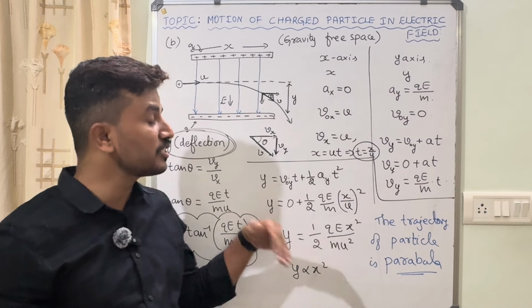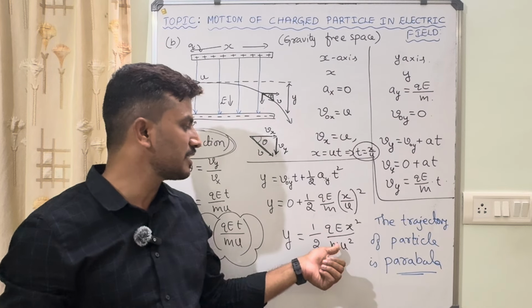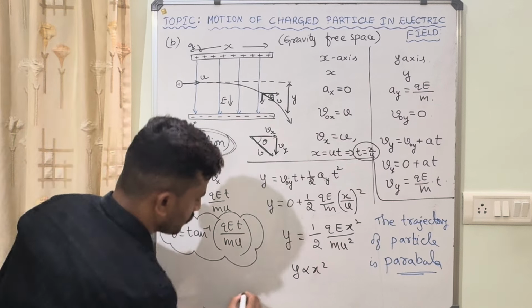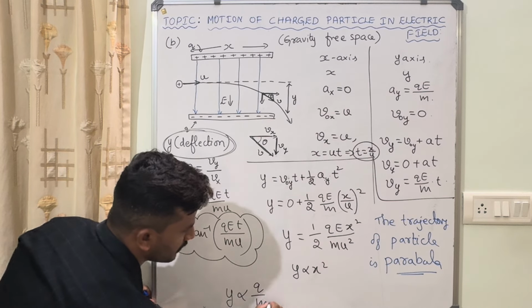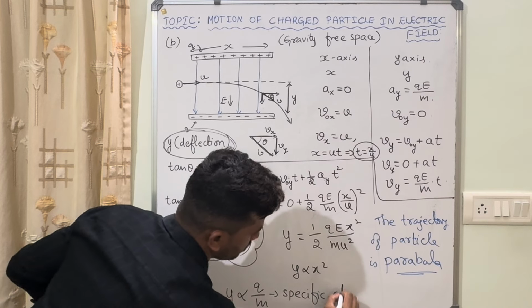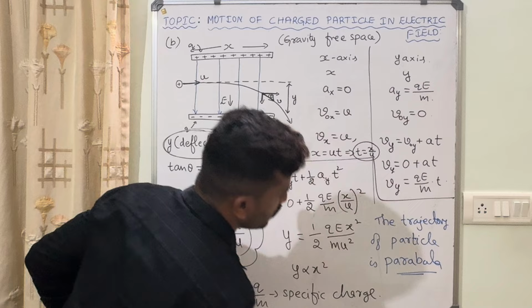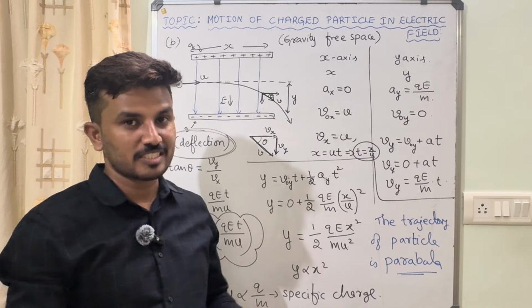If specific charge is more, deflection will be more. If specific charge is less, deflection will be less. So let me write that here: directly proportional to q by m, that is called specific charge. There is a question based on this in NCERT. Shall we discuss that now?